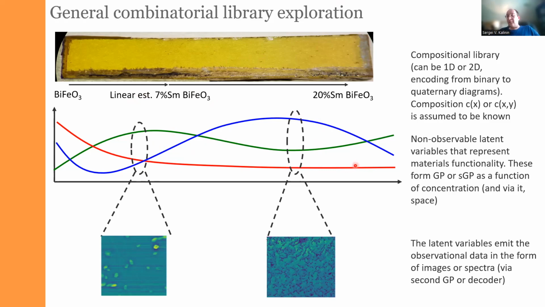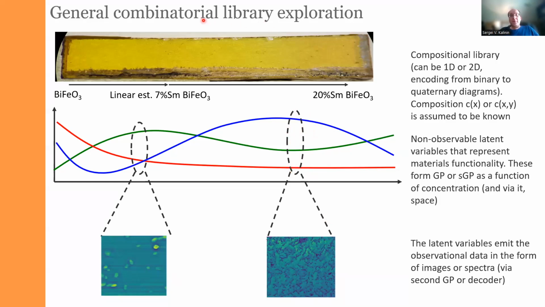We cannot measure them directly. However, we can make some observations which are emitted from this latent parameter space. So whether we measure the electron microscopy, or the topography, or the domain structure, or the hysteresis loops, or we take the micro-Raman measurement, this is the observation that is emitted from the latent space of the system.